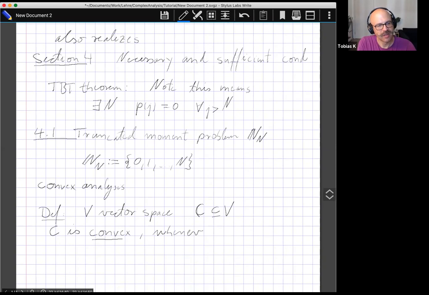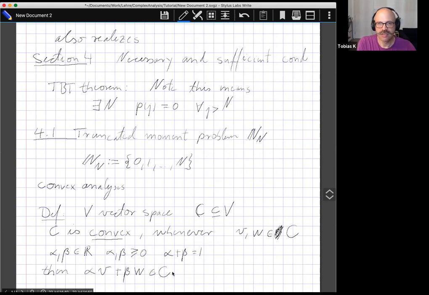Whenever you take 2 points V and W in C, and you take 2 real numbers alpha, beta such that alpha and beta are non-negative and alpha plus beta equals 1, then alpha V plus beta W is also in C.